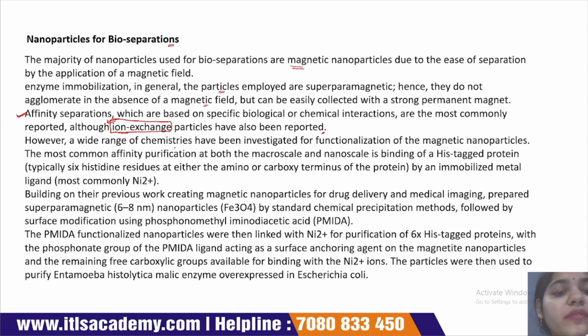A wide range of chemistry has been investigated for the functionalization of magnetic nanoparticles. The most common affinity purification at both macro and nano scale is binding to the His-tagged protein, typically 6 histidine residues at the amino or carboxy terminus of the protein, via an immobilized metal ligand.